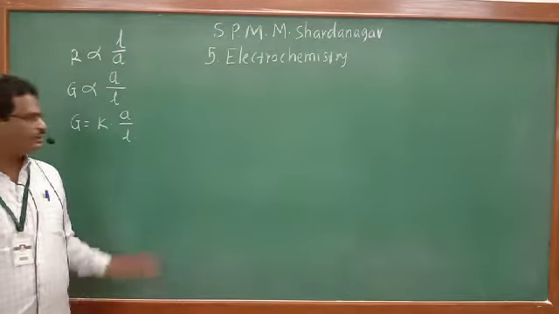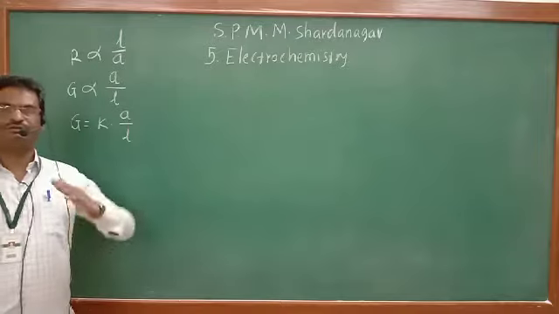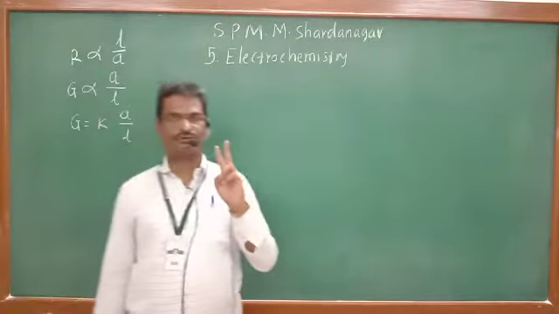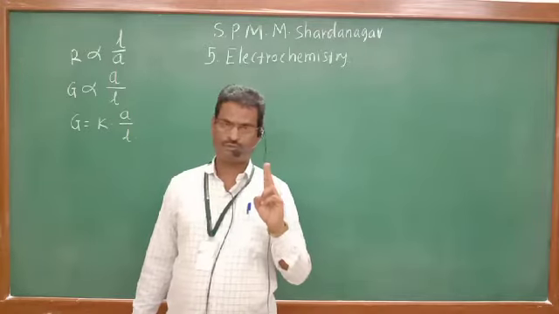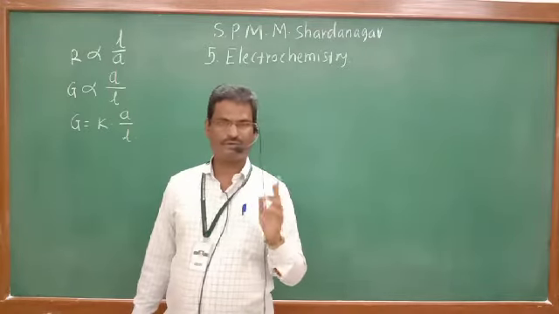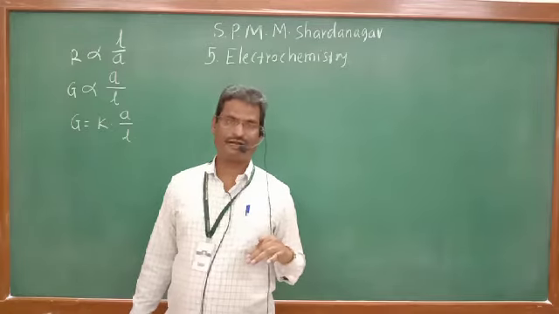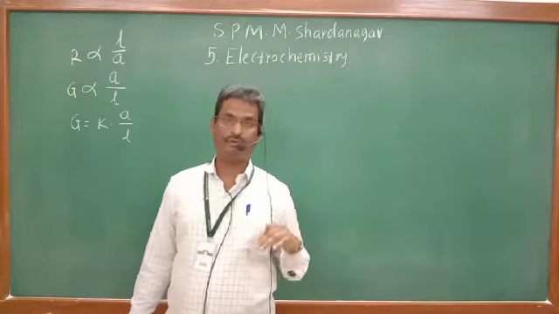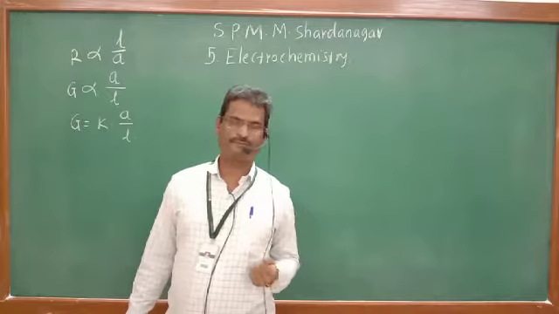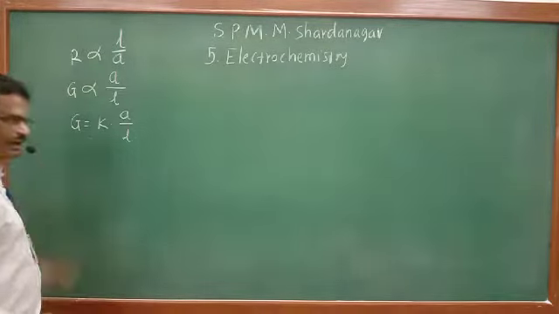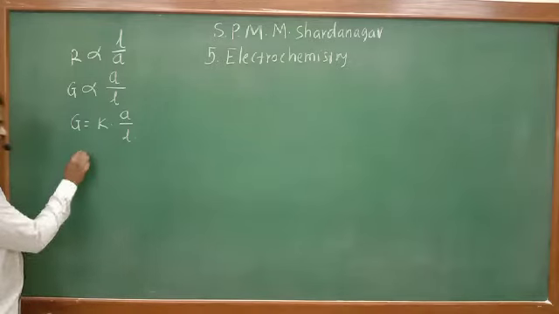But this conductivity is not sufficient to compare two solutions with each other. Therefore, the concept of molar conductivity, capital lambda, we have studied, and the relationship between conductivity and molar conductivity also we have seen.